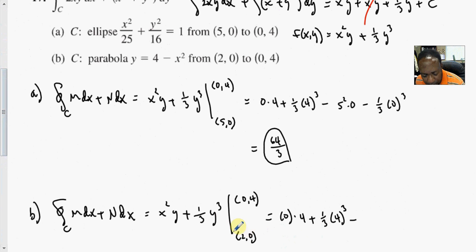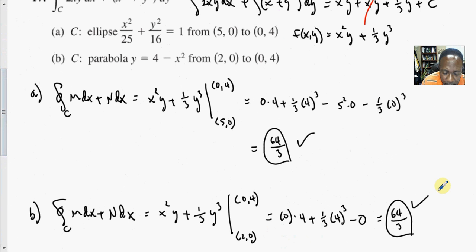Do you see that it's going to be 0 when you plug in y to be 0, so it's just minus 0. So this is still 64/3. It's conservative, so it's independent of the path. The line integrals all must be the same.